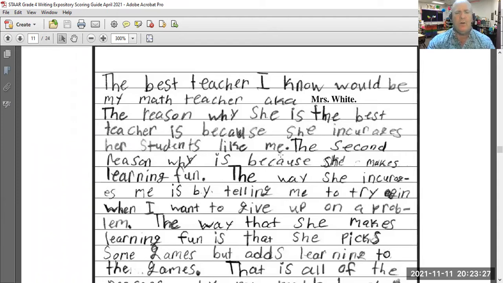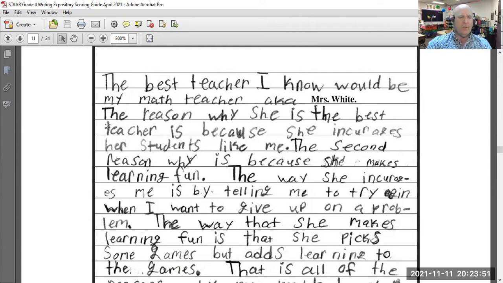So I would remove that preview statement. My first reason why she's the best teacher is that she encourages her students like me. So once we've erased, let me go ahead and make the lines a little bit thicker.